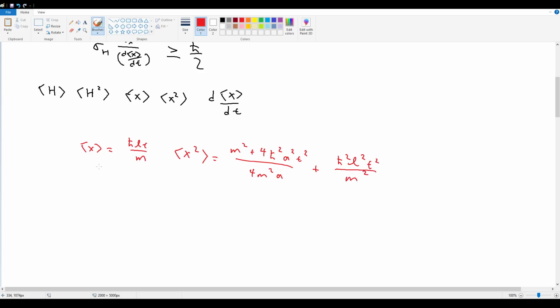From this we can denote that the derivative of the expectation value of x with respect to time is just going to be equal to h bar l over m, right? And then we also found that the expectation values of p and p squared were h bar l and h bar squared (a plus l squared), respectively.